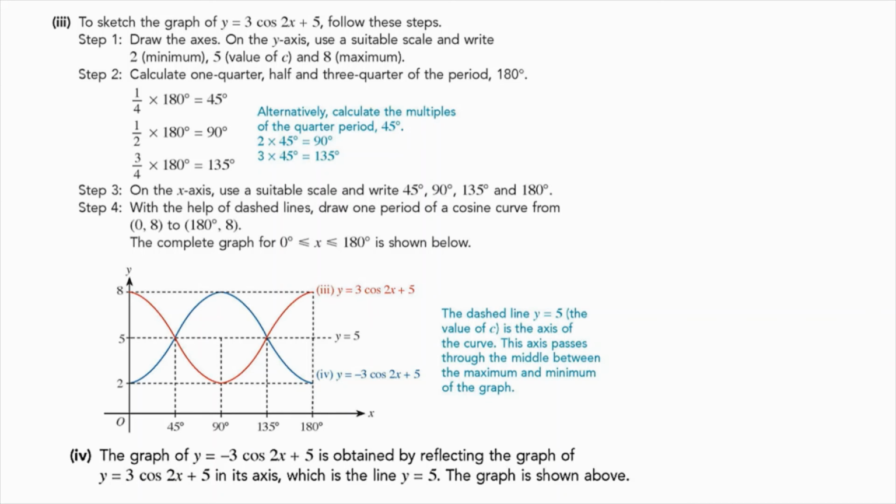So the graph will look like this. y equals 3 cosine 2x plus 5 is the red graph. The last part of the question says to draw y equals -3 cosine 2x plus 5. That will be the reflection of it at the line y equals 5. So from here, you reflect downwards, totally opposite. y equals 5 is like the line of symmetry.